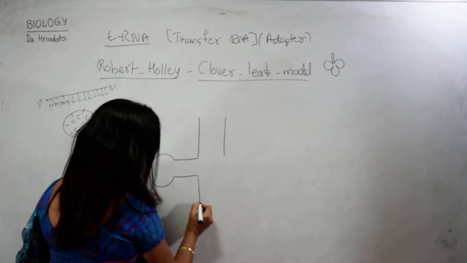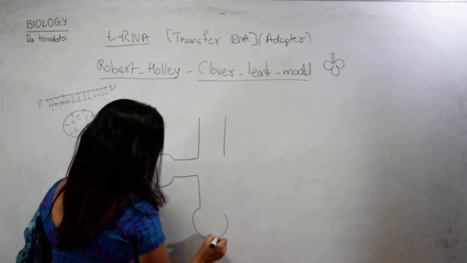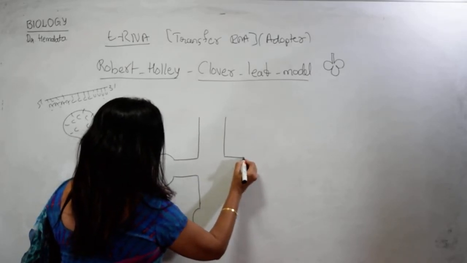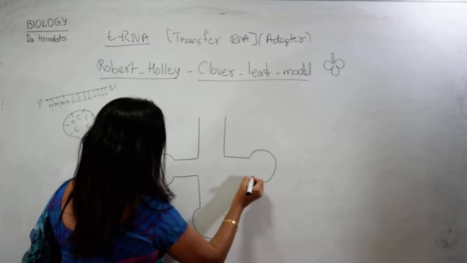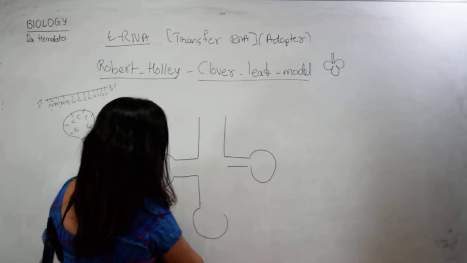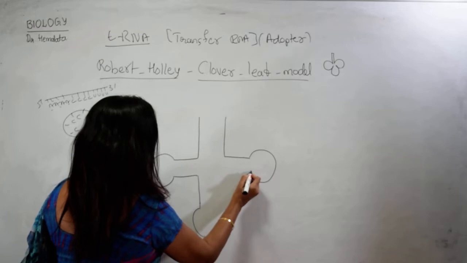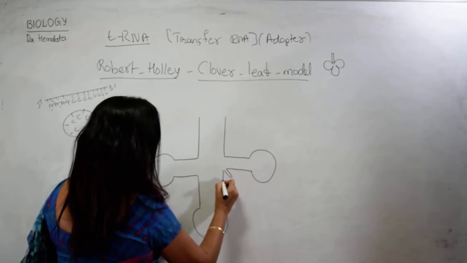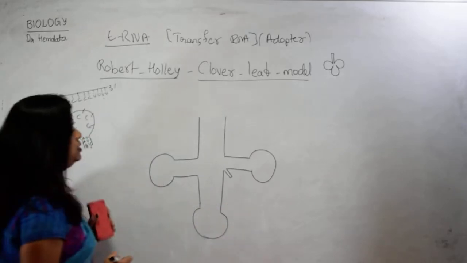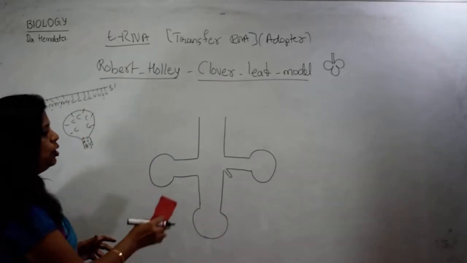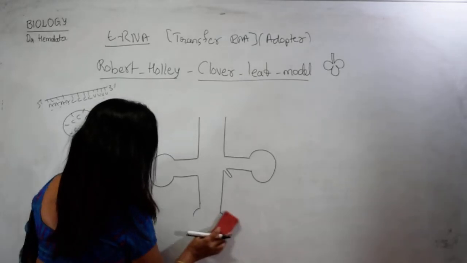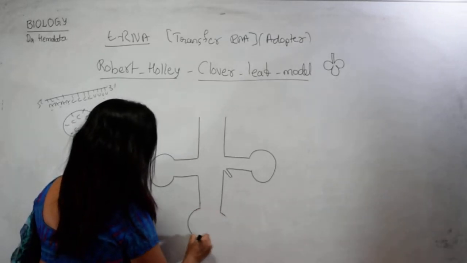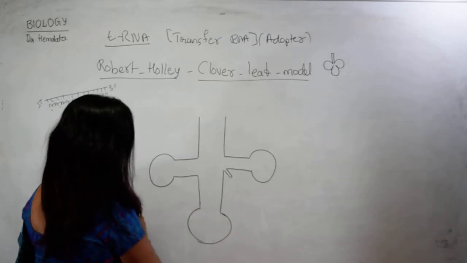As you go down, there is another loop, and on the other side another loop, and these loops will have one strand which is an extra output. This is the general structure. You have to draw three loops like this, right? You can still enlarge the loops also. They can be bigger ones also, right?